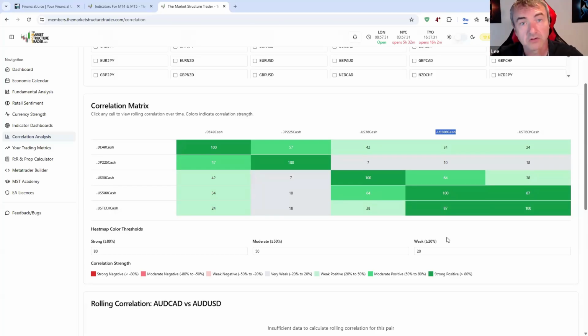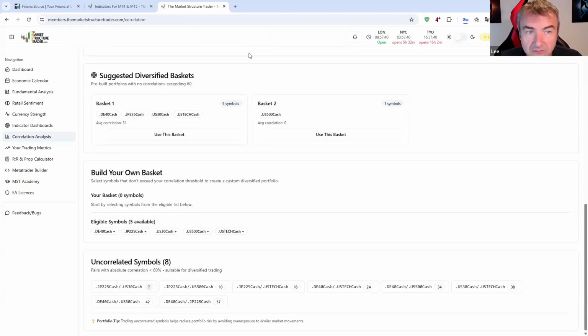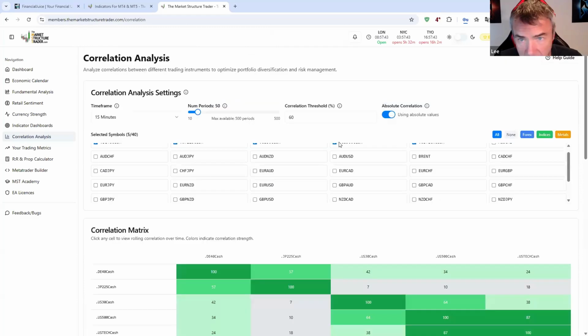So we'll be able to take a long and a short and ensure that when they move back together again, there's a profit available. So that's what you can use. You can change the heat map colors and things as well. So there you go. So that's correlation analysis. Go and have a play around with that as you see fit.